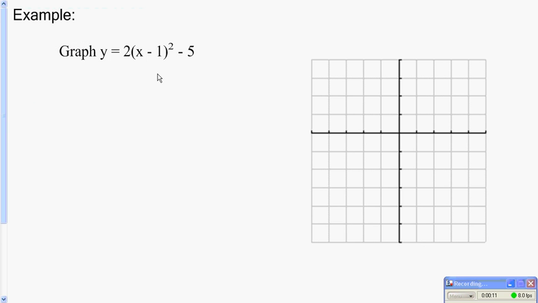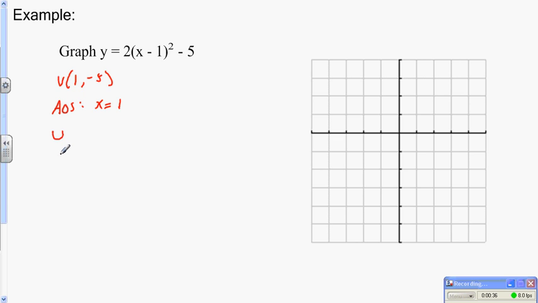Well, in the past we would have taken a look at this and said our vertex is given to us. It's in vertex form. So vertex is 1, and then we have -5. Our axis of symmetry is x equals 1. We know that it opens up.